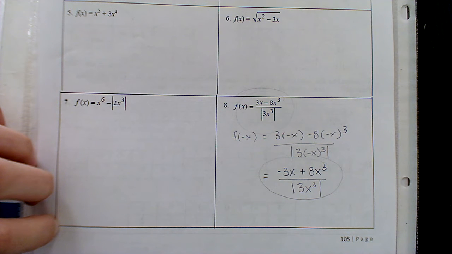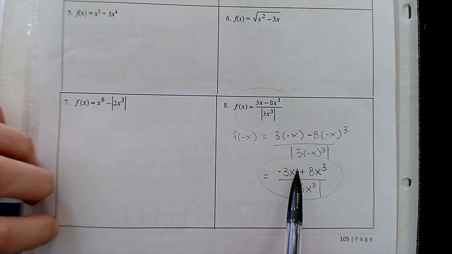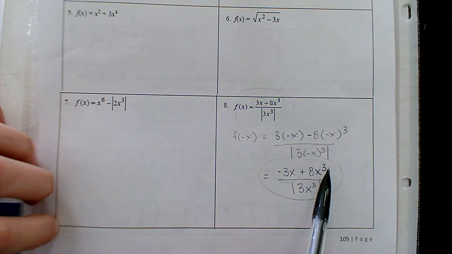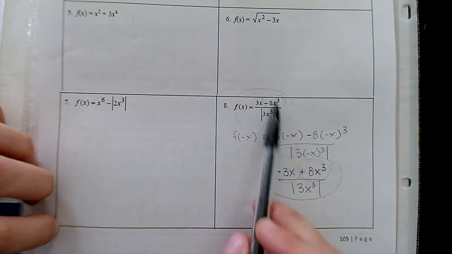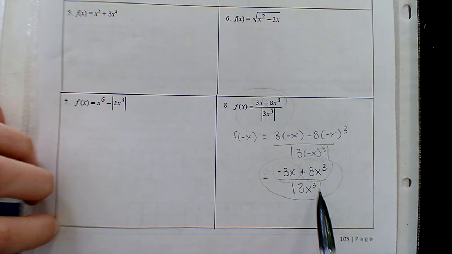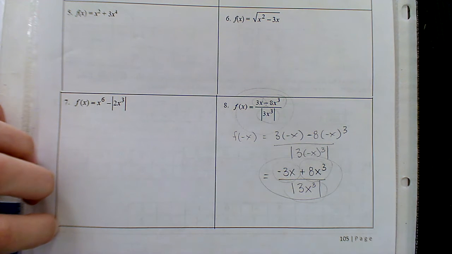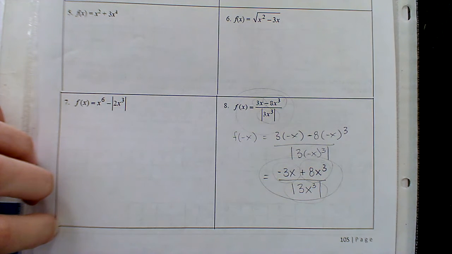Because all the terms are opposite, like 3x changed to negative 3x. Okay, so this one changed. And then negative 8x cubed changed to positive 8x cubed. And the bottom stayed the same. That's what's a little tricky, right? It looks like just the top numbers changed, but the bottom one didn't.